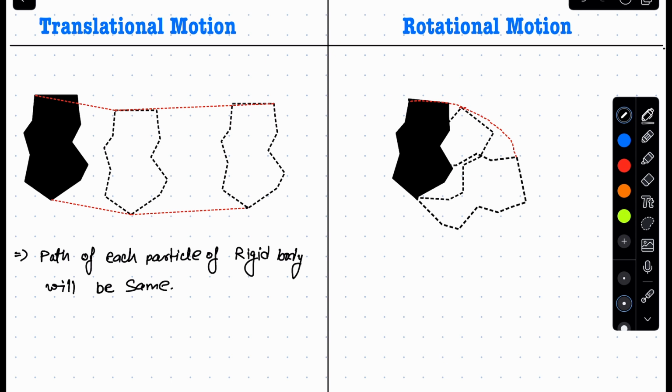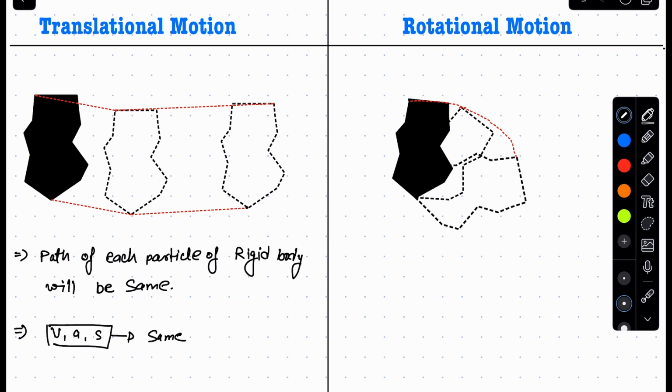Now next, what is that? If each particle of the rigid body is moving in a similar path with similar velocity or acceleration, or the displacement of each particle of the body is the same, then can we replace this rigid body with a point? Yes, we can replace this body with a point.